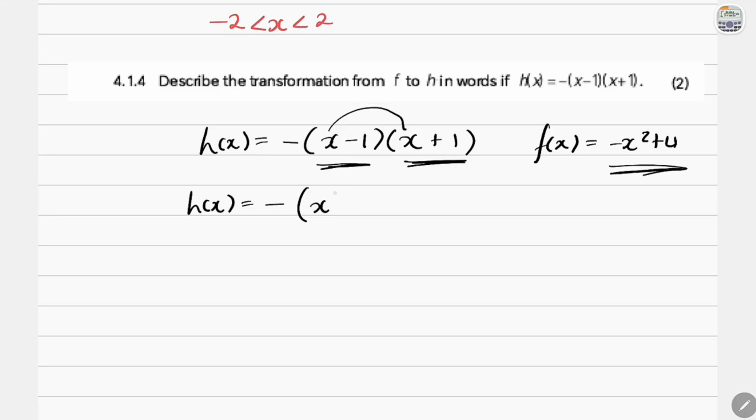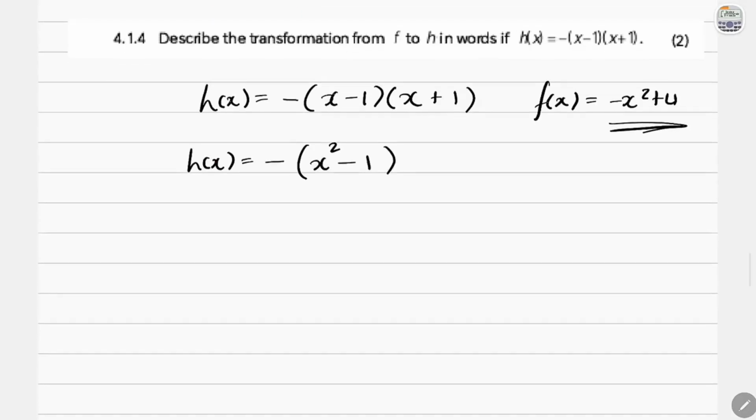You just multiply the two first terms, and that's x squared, and the two last terms, that's negative 1, okay? And that's what you're going to end up with. And then multiply this negative in, because you see that f of x has negative x squared. It will be better to relate it with another negative x squared as well. So h of x is equal to, we multiply in negative x squared and then positive 1.